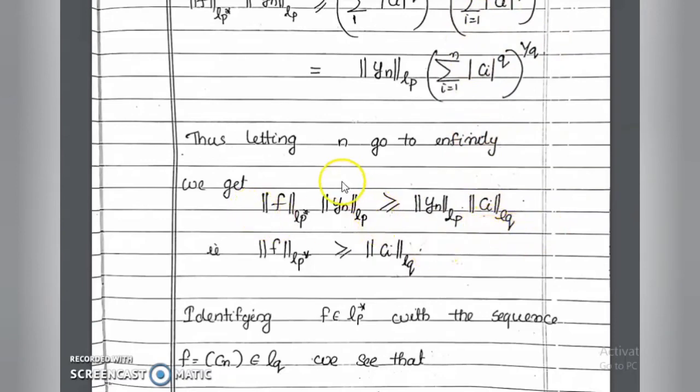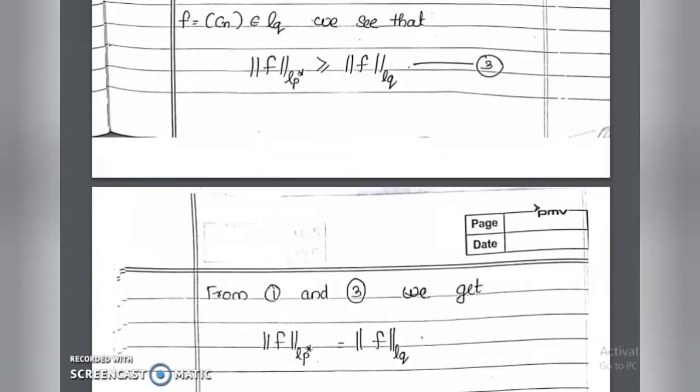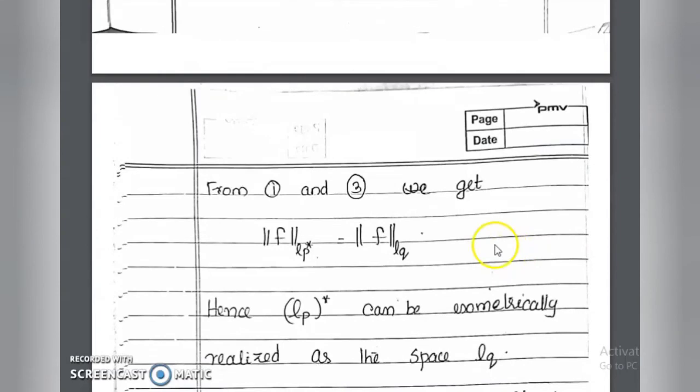From these two we get that this cancels each other. The norm of f in LP* is equal to the norm of ci in LQ, but we can identify f with ci. Therefore ||f||_{LP*} is greater than or equal to ||f||_{LQ}. From 1 and 3 we get ||f||_{LP*} is equal to ||f||_{LQ}.